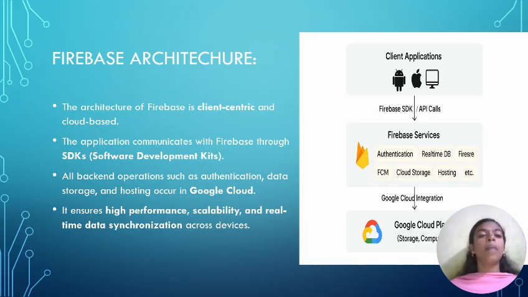It handles all the backend work like authentication, data storage, and hosting. Because of this setup, Firebase gives high performance, automatic scaling, and real-time synchronization. Even if thousands of users use the app at the same time, Firebase manages it smoothly. That's what makes it reliable for big projects.